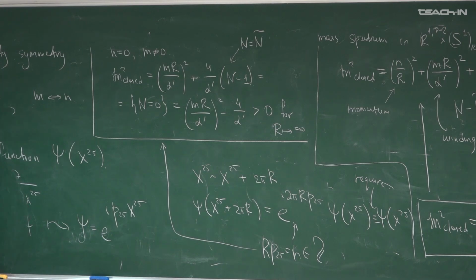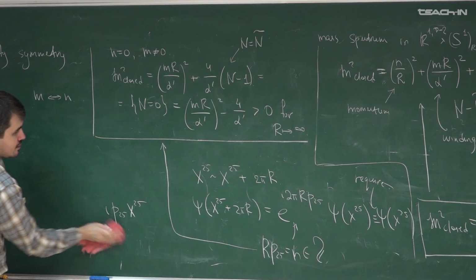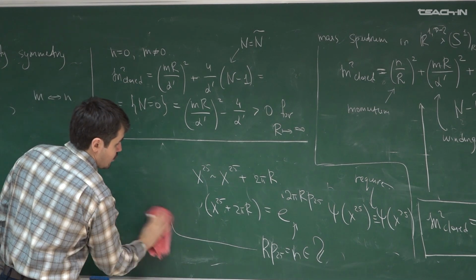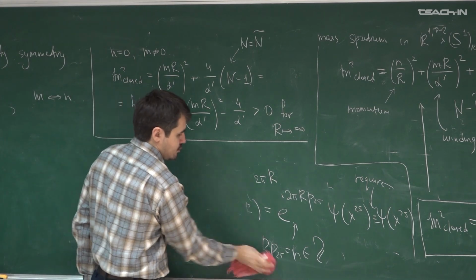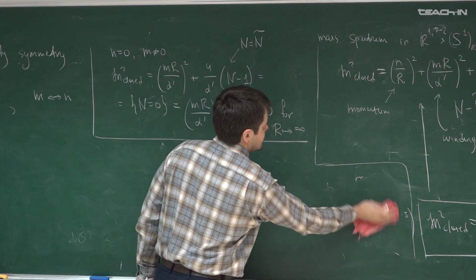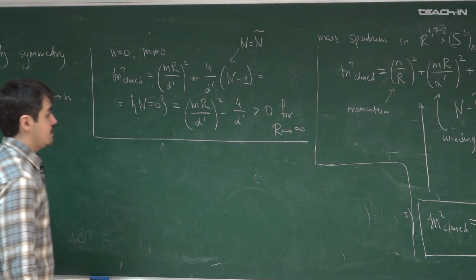So we know there is a tachyon in the zero winding sector. But then there could also be additional tachyons in non-zero winding sectors.